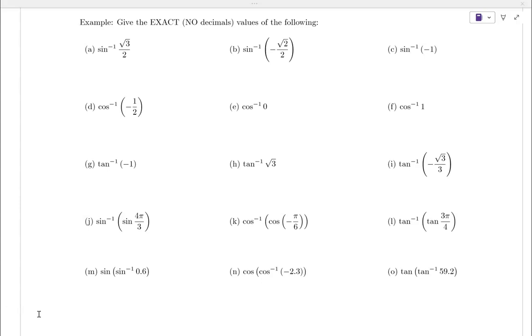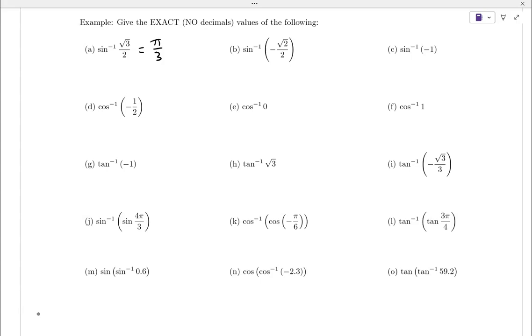So in this case, this is going to be pi over 3. Remember, inverse functions undo whatever the original function did. Rather than putting in an angle and getting out a value, we're going in reverse. We're going to put in a value and get out an angle that corresponds to that value. So let's look at the next one.